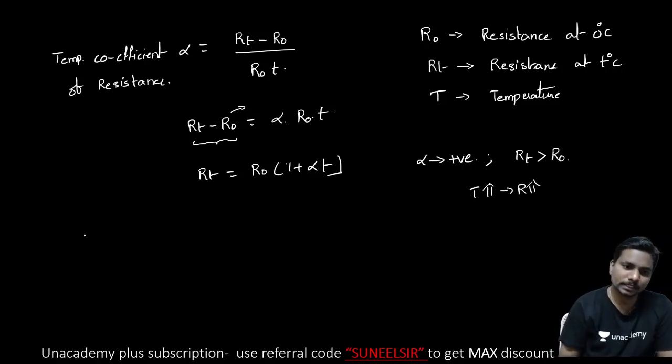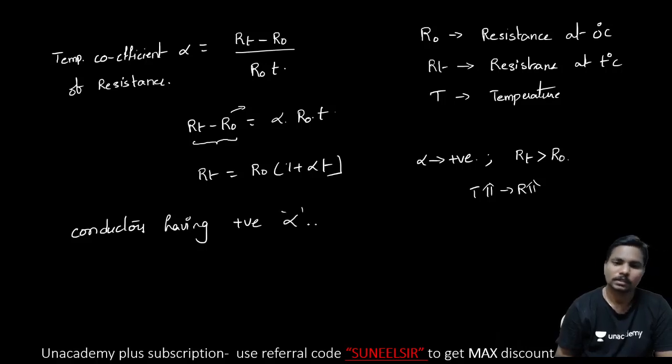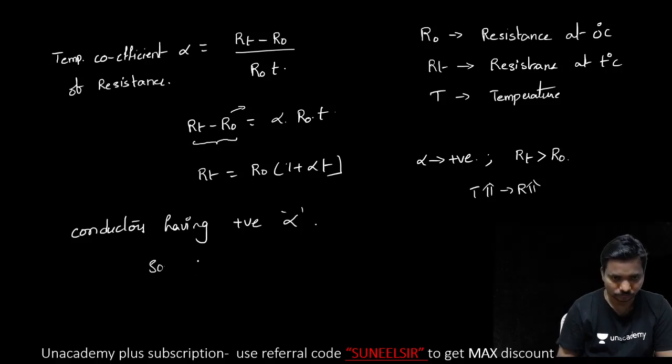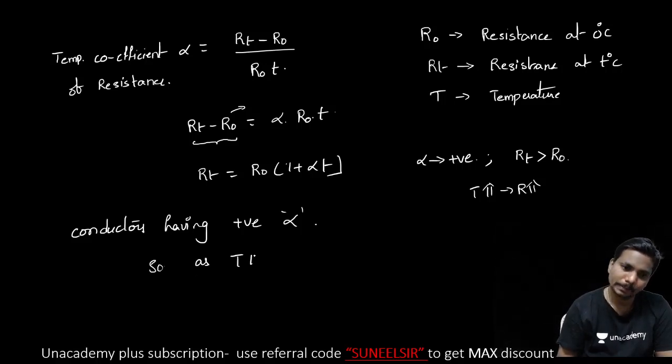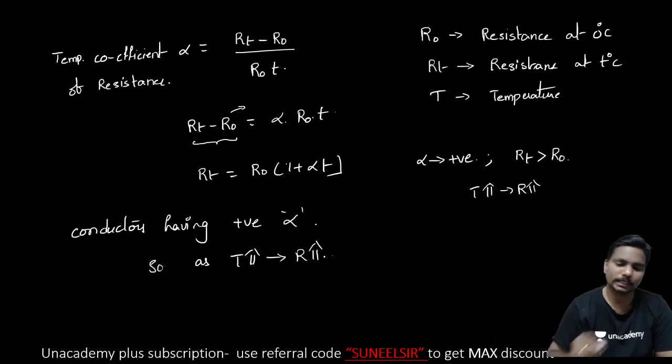So in case of conductors having positive alpha, that means positive temperature coefficient of resistance, as temperature increases, the resistance also increases.